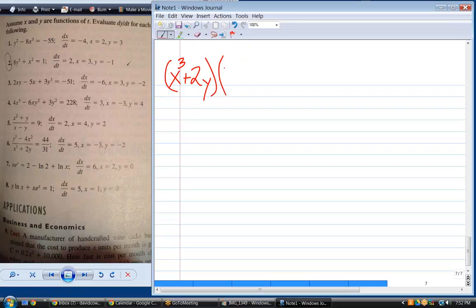Oh, sorry. That's okay. 3y squared, and then dy dt minus 8x, and then dx dt.